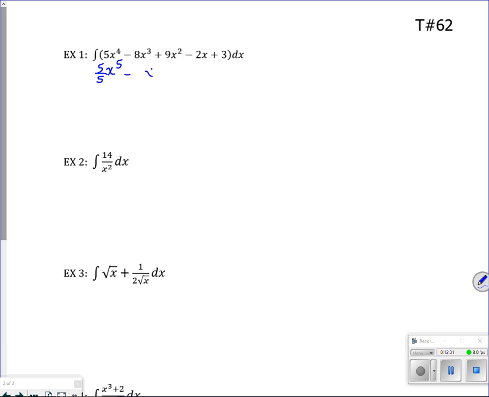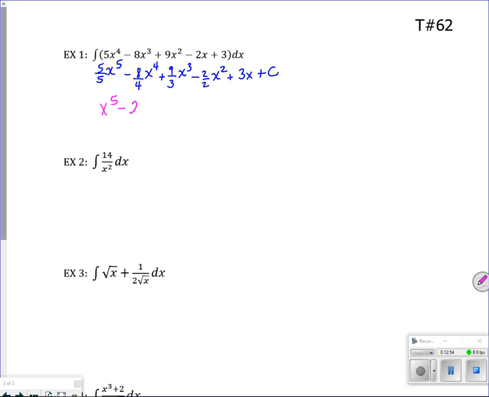You're going to have x to the 4th, and you're going to have 8 over the new power. You're going to have x to the 3rd, 9 over the new power, x squared, 2 over the new power, plus 3x plus c. And of course, you're just reducing.